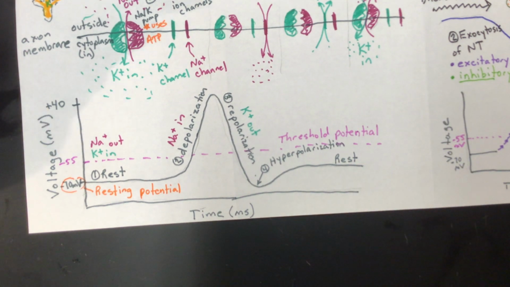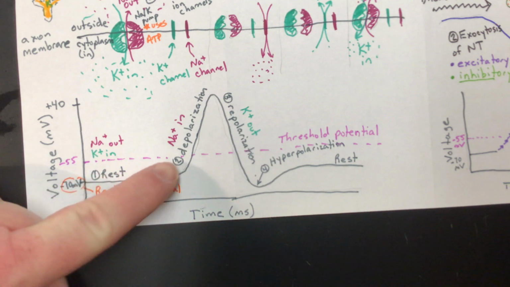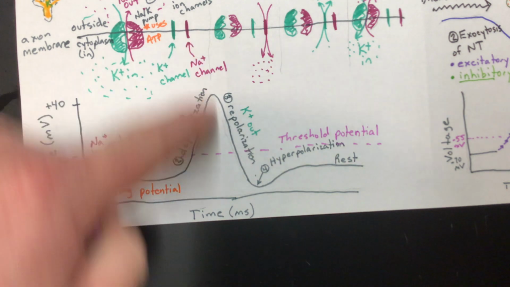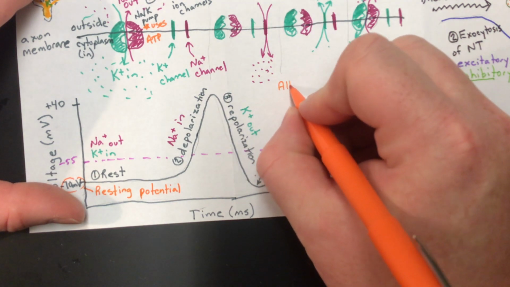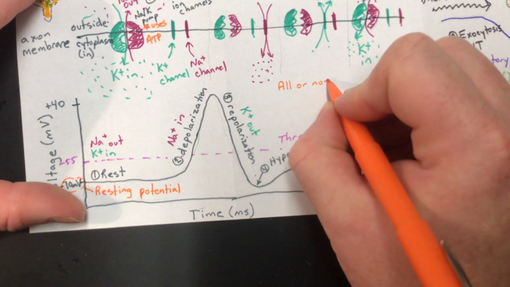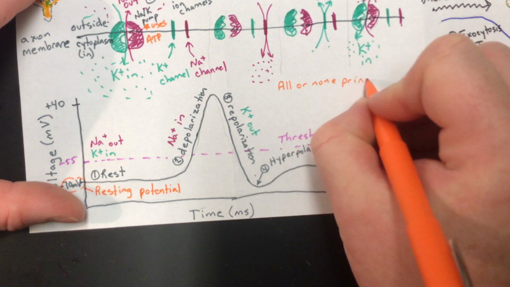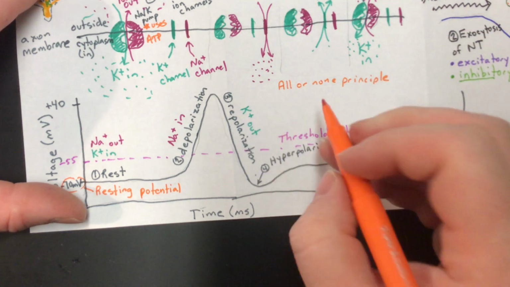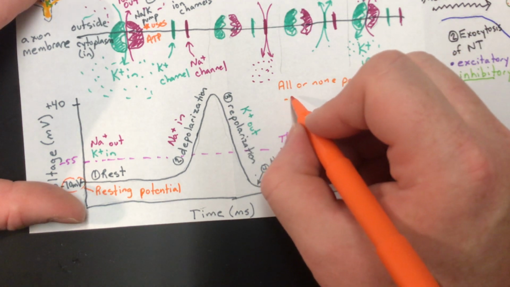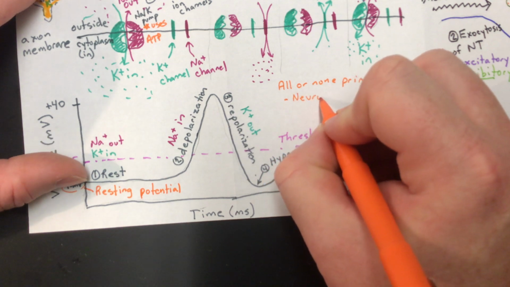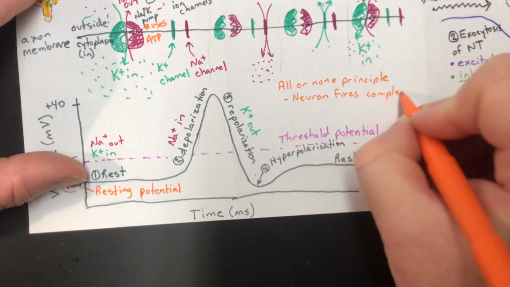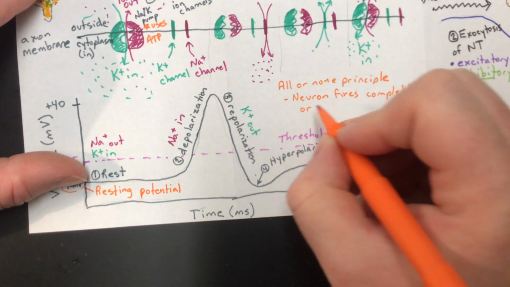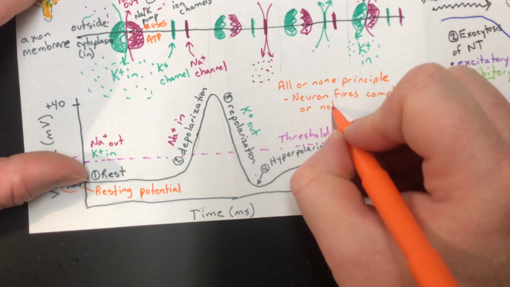What's interesting about how neurons work is once this threshold is reached, you get a maximum action potential. The whole thing happens, and this is called the all or none principle. All or none. So the action potential, or the neuron, fires completely, all, or not at all, none.